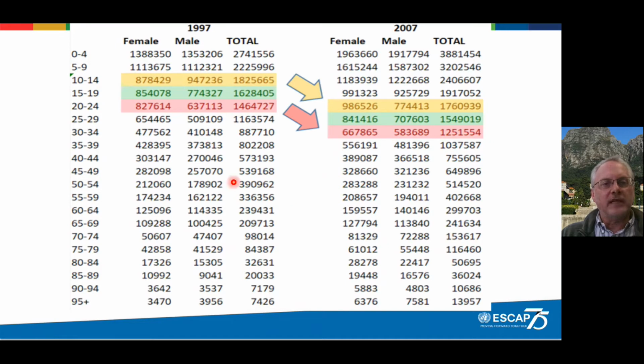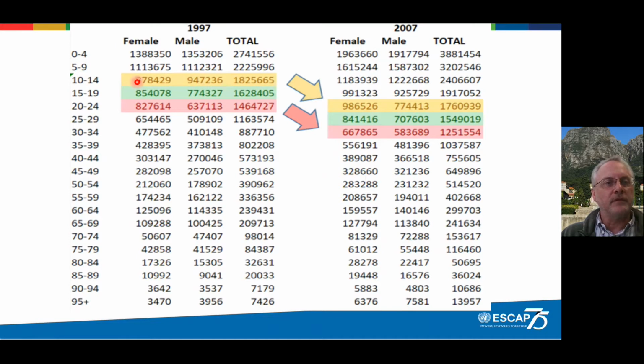And here the observation really is that this population of 878,429 females aged 10 to 14 in the 1997 census will be the same population of women who are then aged 20 to 24, 10 years later at the time of the 2007 census, and likewise for males and the total population.